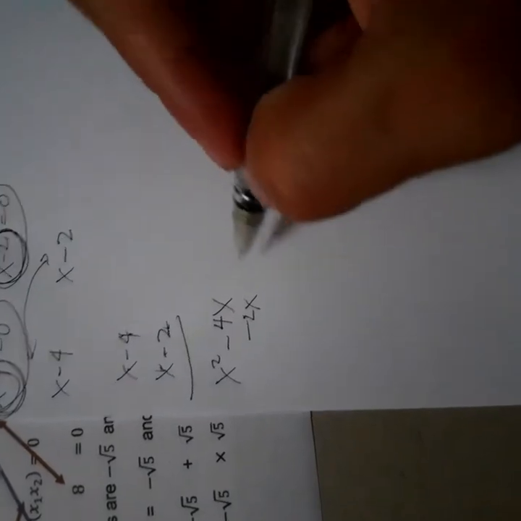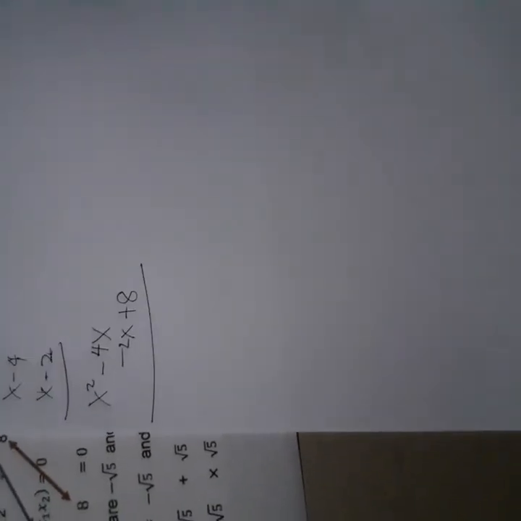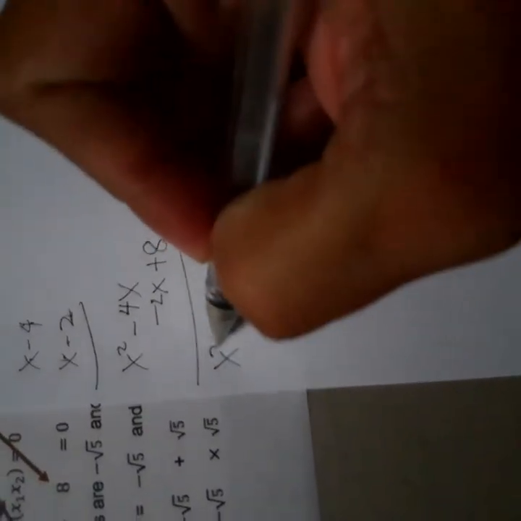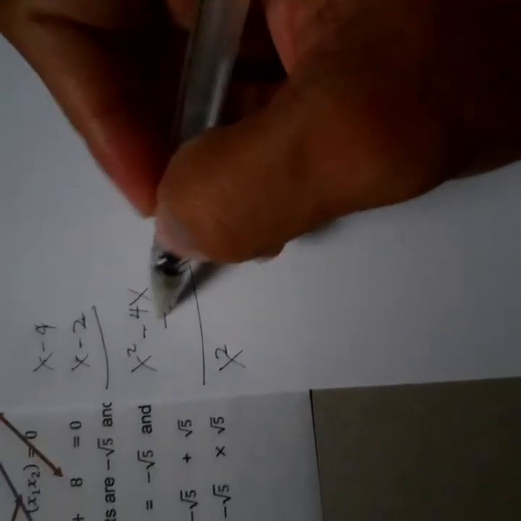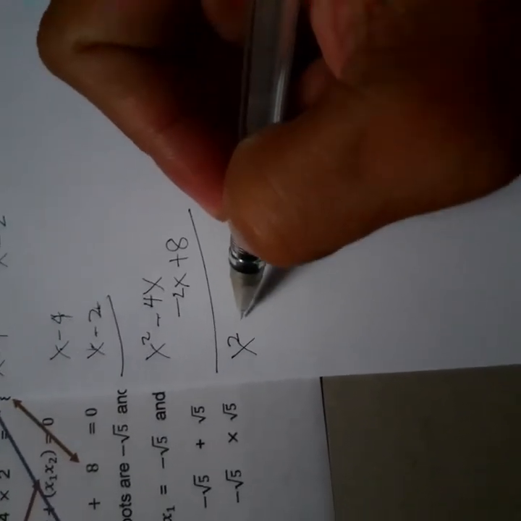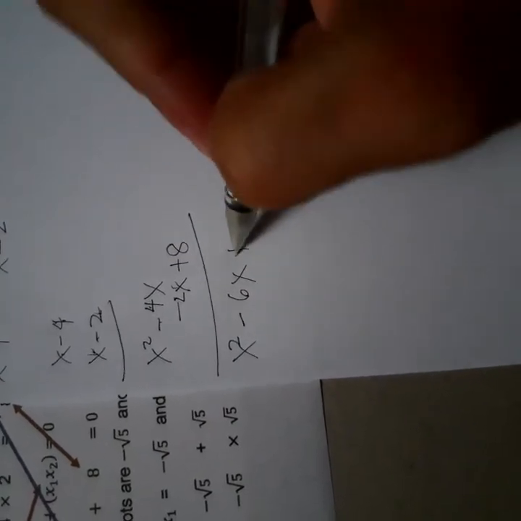Negative 2 times x, negative 2x. Negative 2 times negative 4 is positive 8. Then we get x squared. Negative, same sign, so add, copy the sign. Then negative 4 plus 2 is 6. Copy x plus 8.